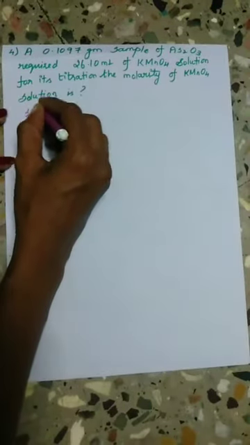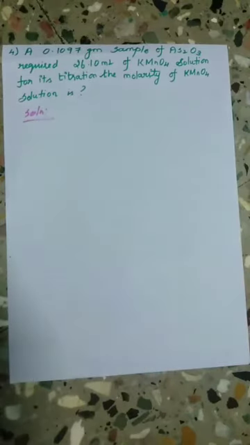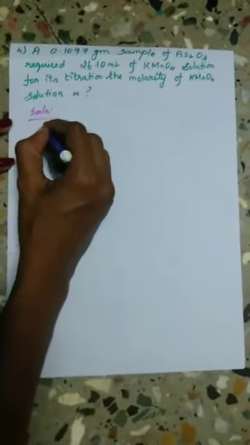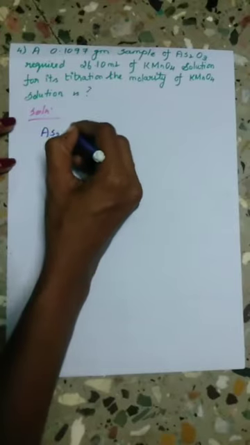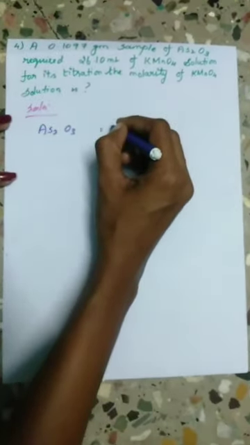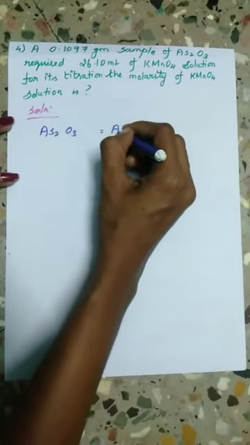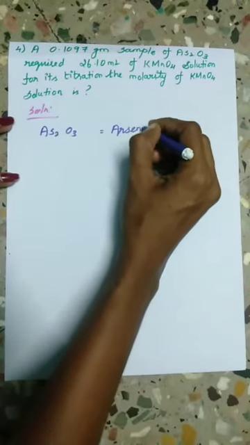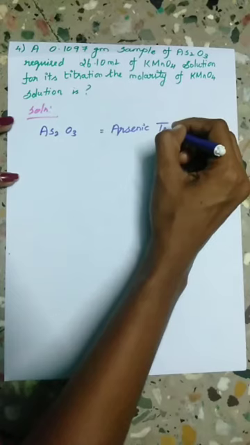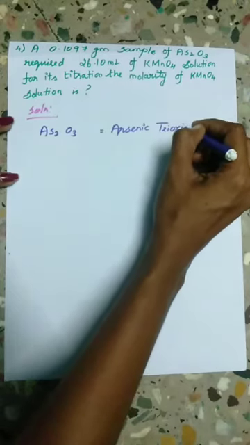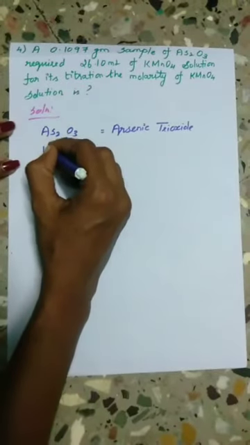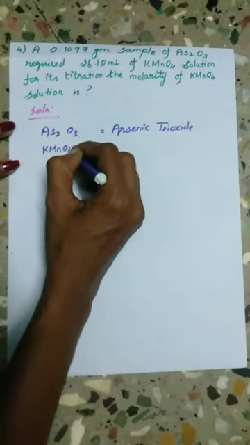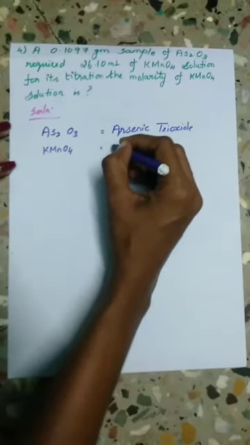The solution: the compound name of As2O3 is arsenic trioxide, and KMnO4 is potassium permanganate.